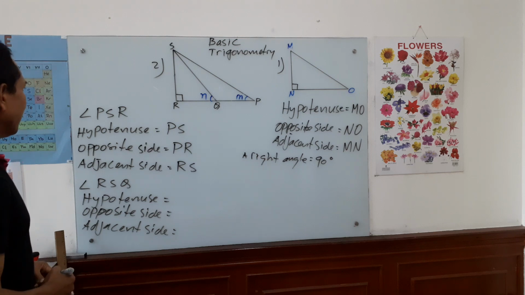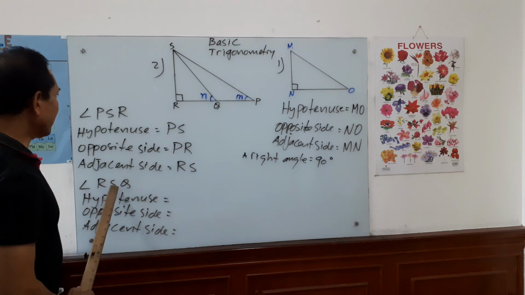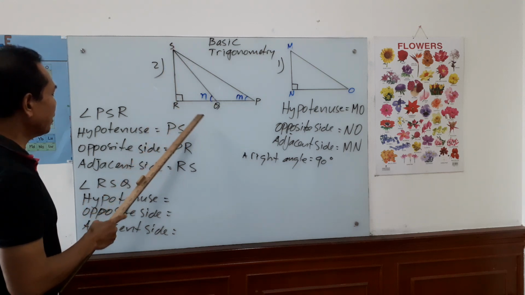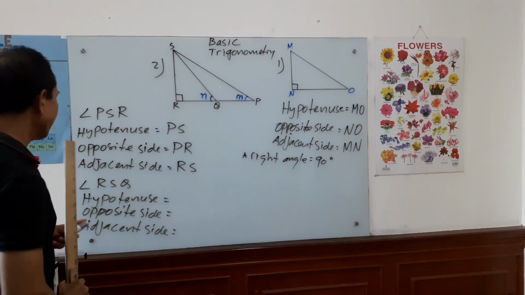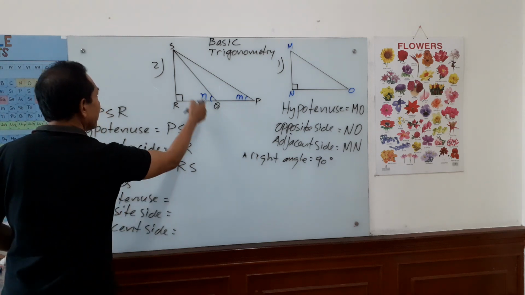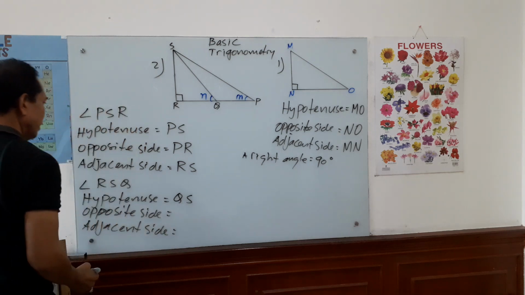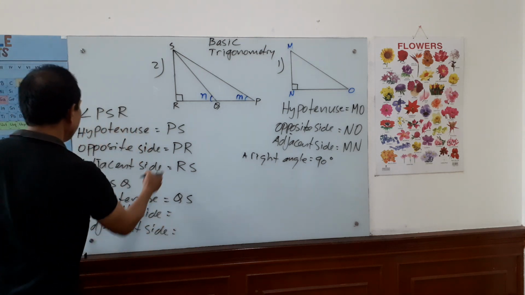And we look at the angle RSQ. RSQ, this one here. Our hypotenuse is QS. This one here, QS. And the adjacent side is RS. I mean PR.